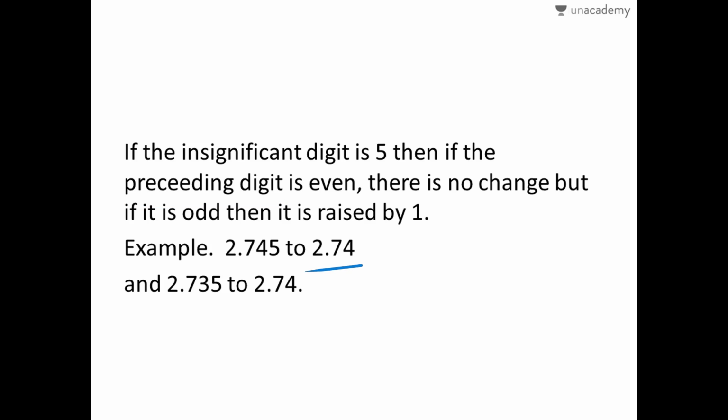There is no change to the digit 4. Now if it is odd, that is in this case 2.735, it is 3, which is odd, so 1 is added to 3 and we get the number 2.74.